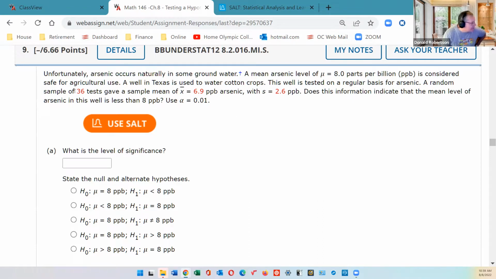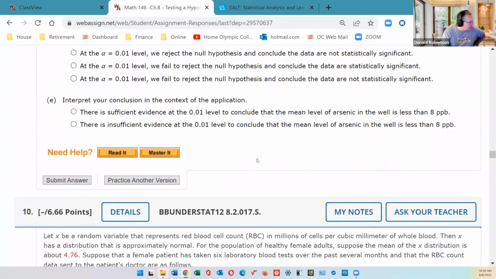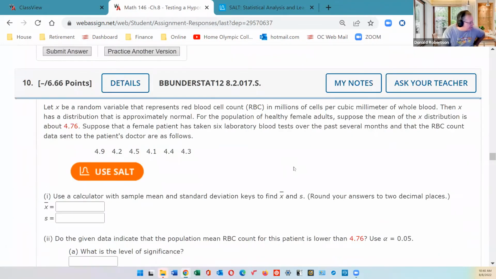And 36 are tested, and they got 6.9, and the standard deviation is this. And does this evidence that this well is less than the safety level? In other words, it's okay to drink water out of this well, you're good. And off you go and do this basic same question.